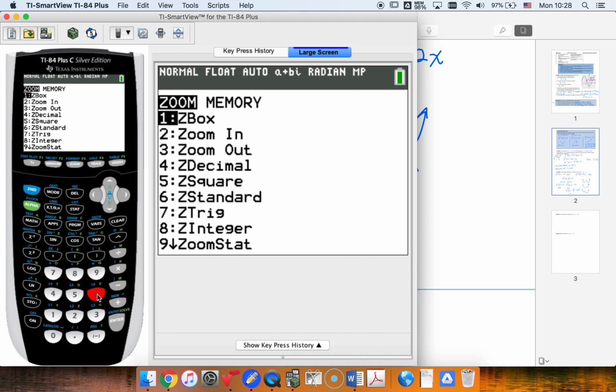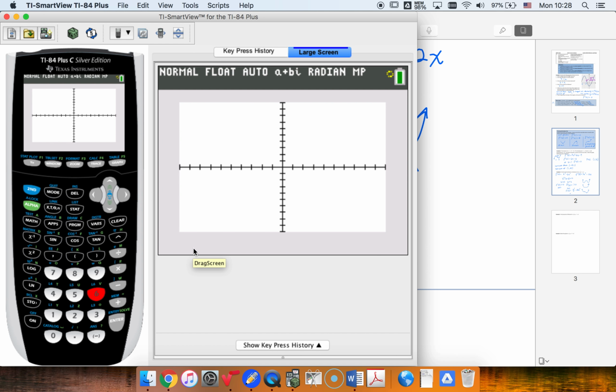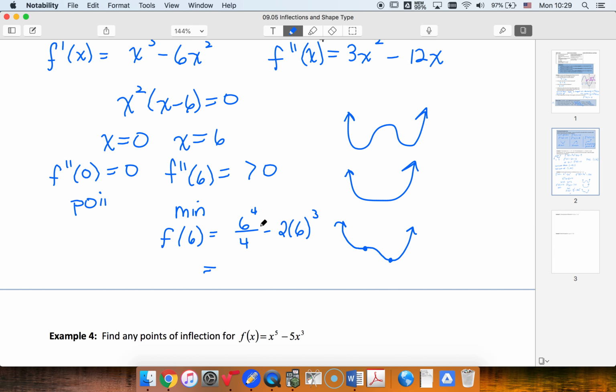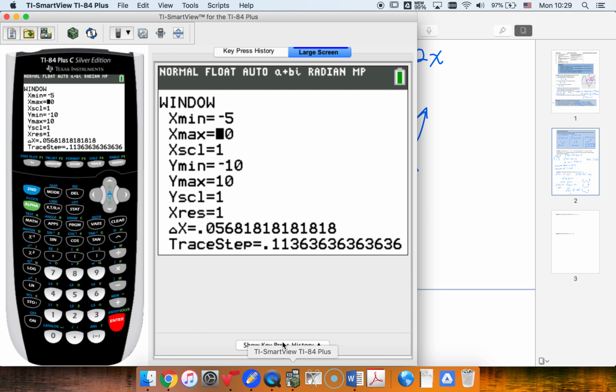I'm going to do a standard zoom, although I bet already knowing at x equals 6, I knew that my value was going to be very low. But the picture is looking as I suspected, so I'm going to take this and just go negative 5 to my, key point that I care about is at 6, so I'll keep that 10.